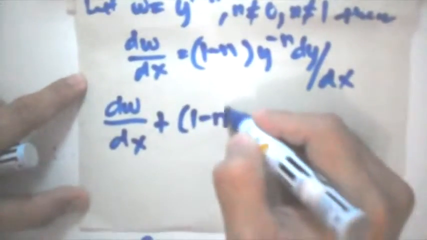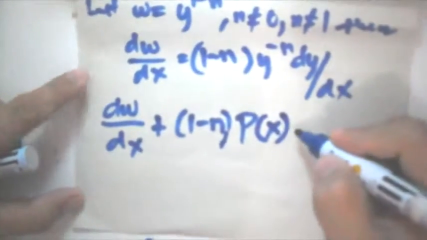So with this substitution into this equation, we simplify to the linear equation dw/dx plus 1 minus n, p(x) w is equal to 1 minus n, f(x).